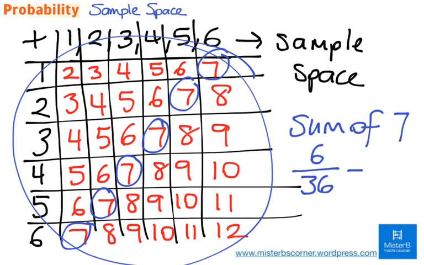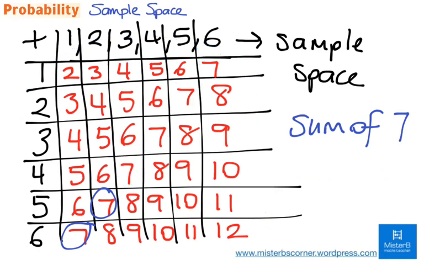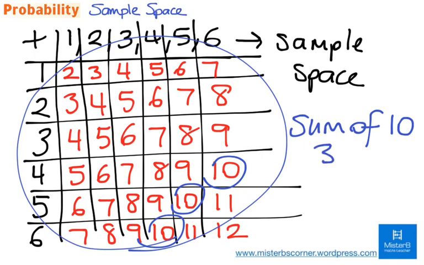Or I can just go finding out the sum of, let's say, 10, right? Then it could be 1, 2, 3 out of 36. So it's going to be 3 over 36, which you could then simplify to 1/12.